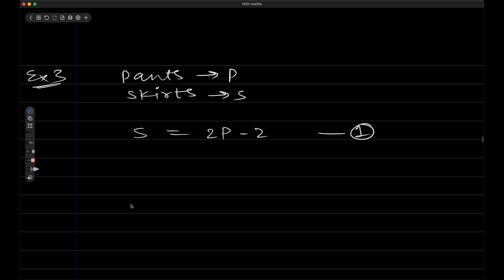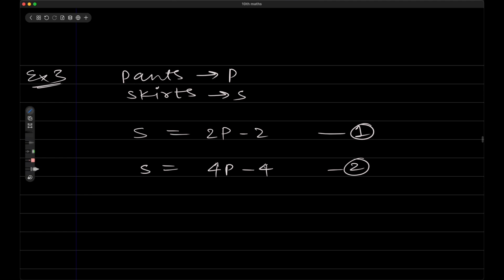The second statement: number of skirts, that is S, equals 4 less than 4 times the number of pants. Number of skirts is 4 less, so we have to reduce on the side of P, and 4 times the number of pants, so we have to multiply on the side of P. We have got two equations.